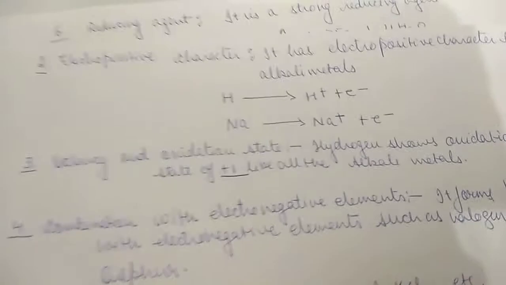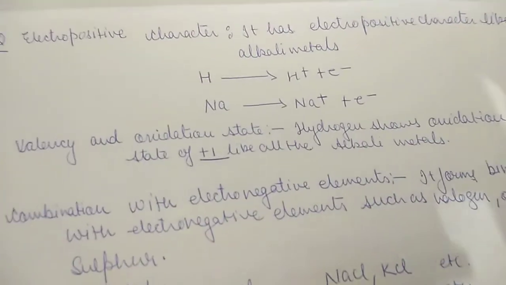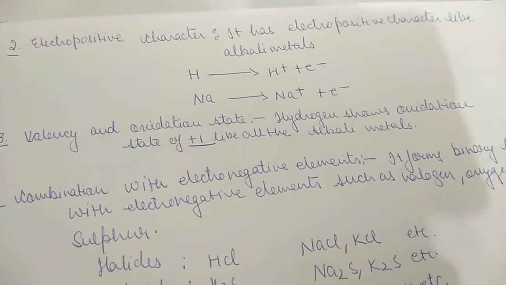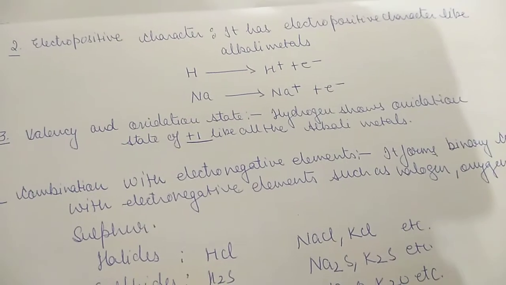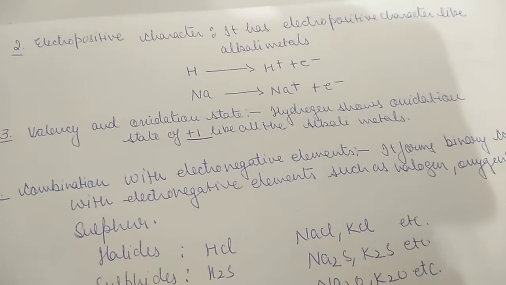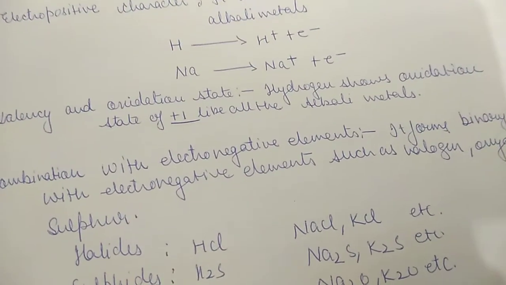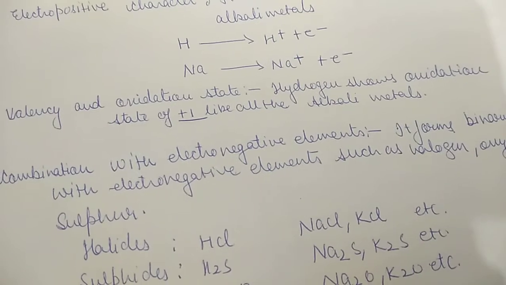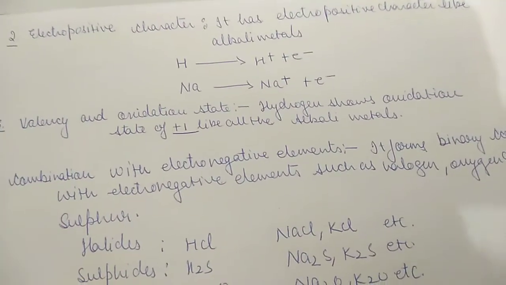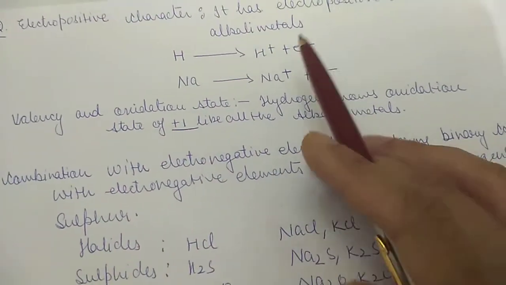Second is electropositive character. Hydrogen acts in an electropositive manner like alkali metals: H gives H positive plus an electron. Electropositive means the ability to form a positively charged ion, or the ability to lose an electron. So its electropositivity resembles that of alkali metals.